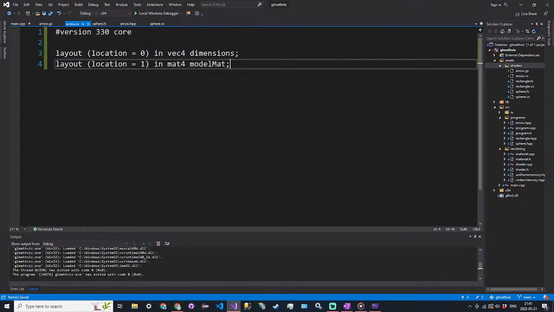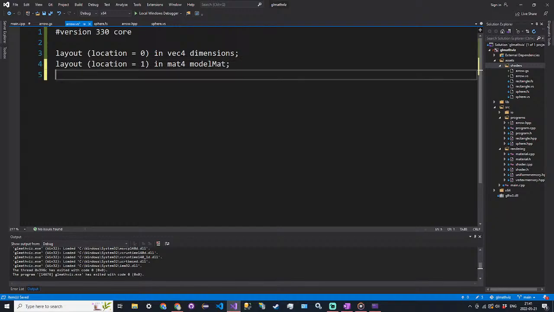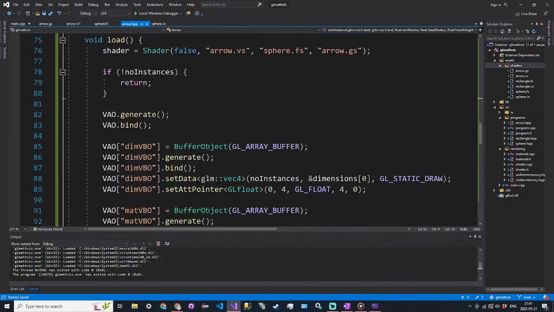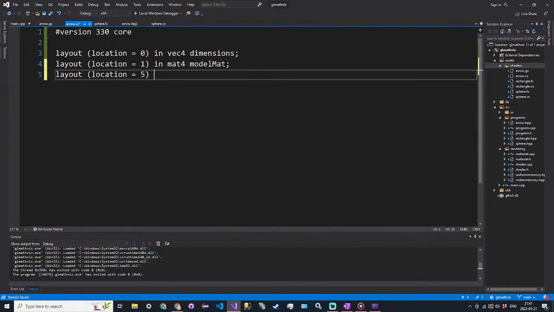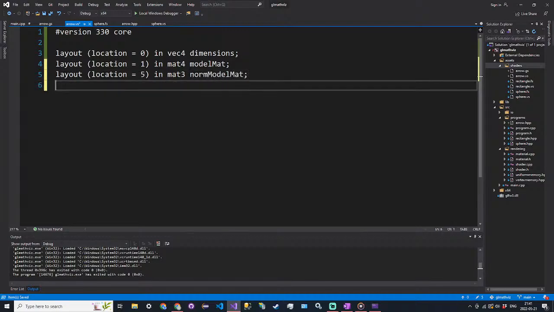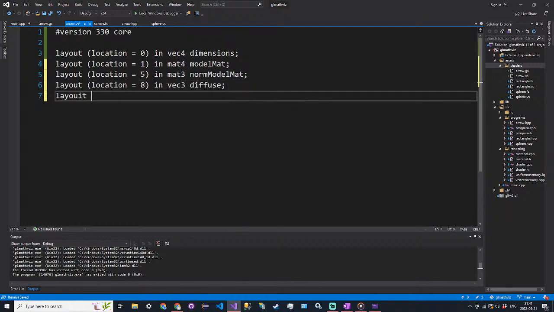Remember, this takes up 4 slots, so we next need to jump to layout location is equal to 5, as we calculated up here. So 1, 2, 3, 4, and then 5, 6, 7 for the next matrix. So this is in mat3 normal model mat, and then layout location is equal to 8, in vec3 diffuse, and layout location is equal to 9, in vec4 specular.